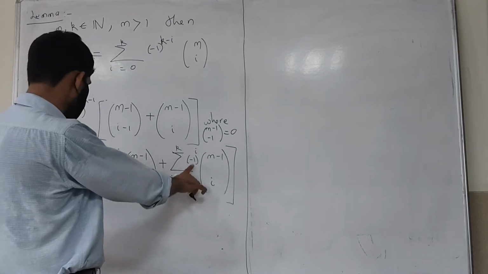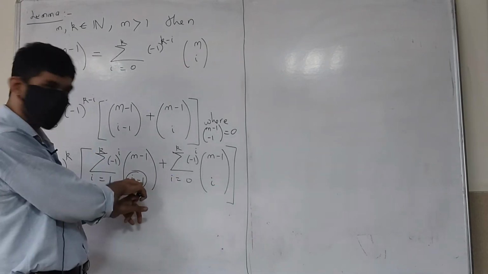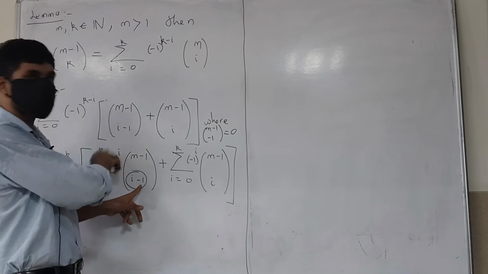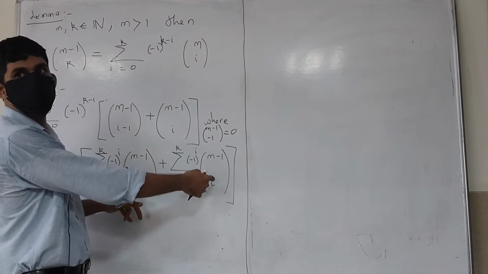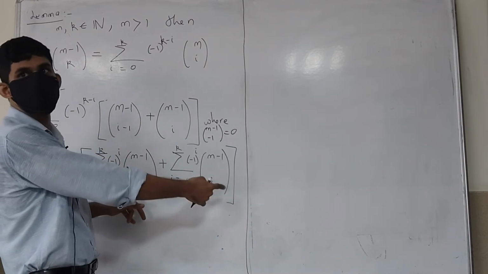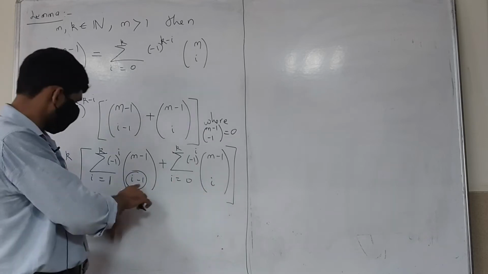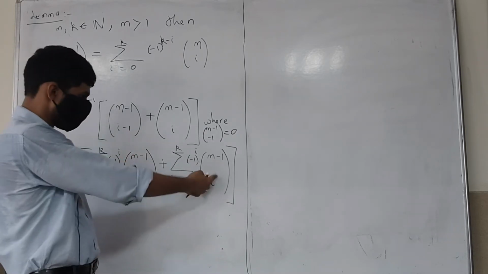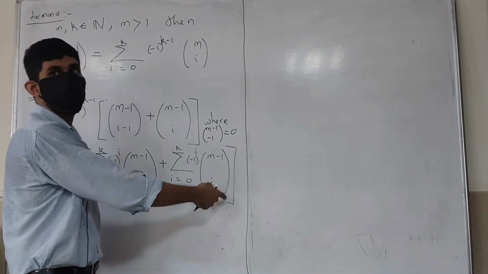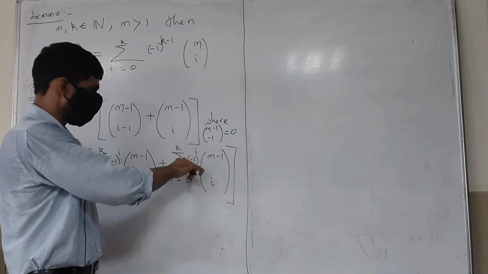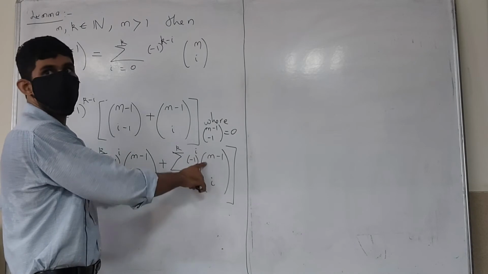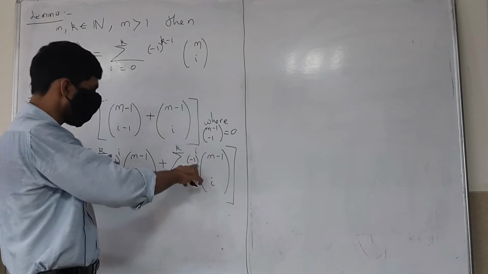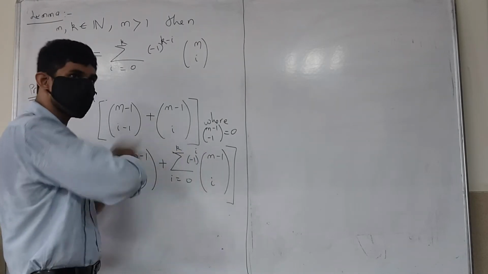You can see that if this is positive, this will be negative, and if this is negative, this will be positive. When does this become 0? When i is 1. When does that become 0? When i is 0. So this will have one higher power than that, with opposite signs.